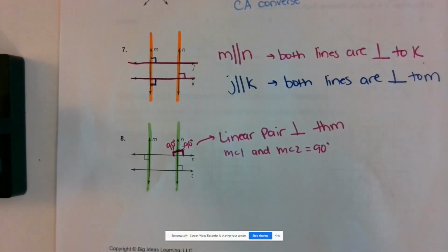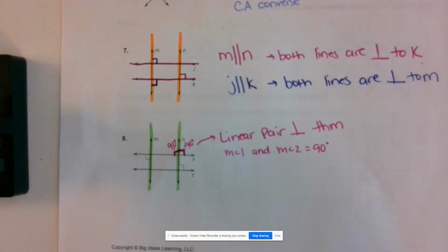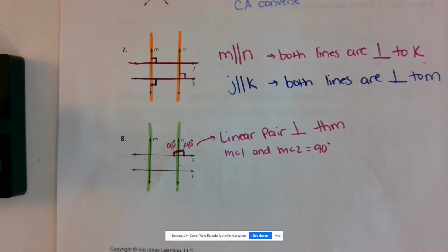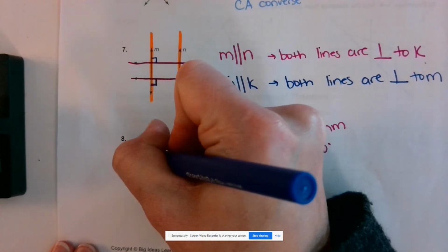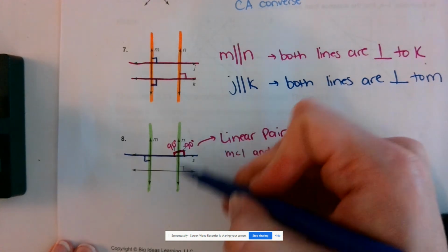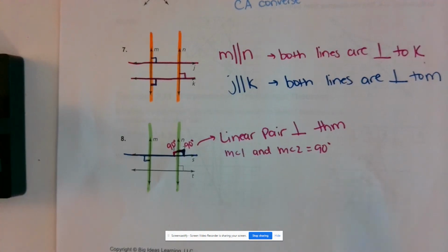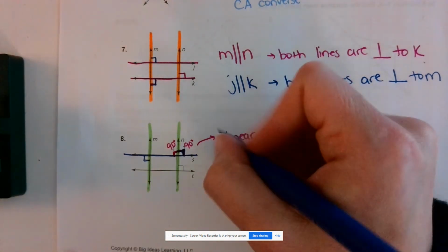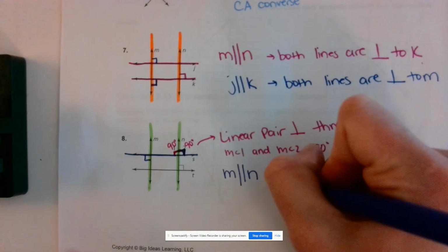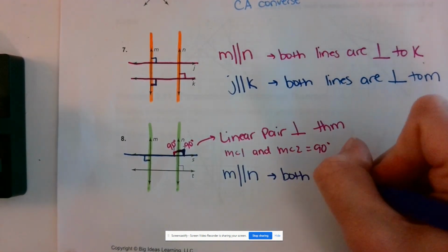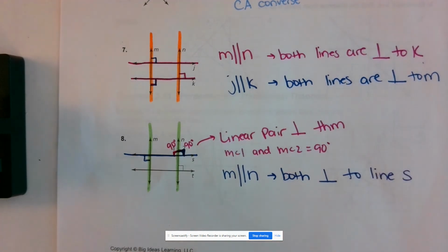I'm wondering, are lines M and N perpendicular to the same line? And I'm looking here and I can see that line M is perpendicular to line S, and from what I just discovered, line N is also perpendicular to line S. So this tells me that M is parallel to N because they are both perpendicular to line S.